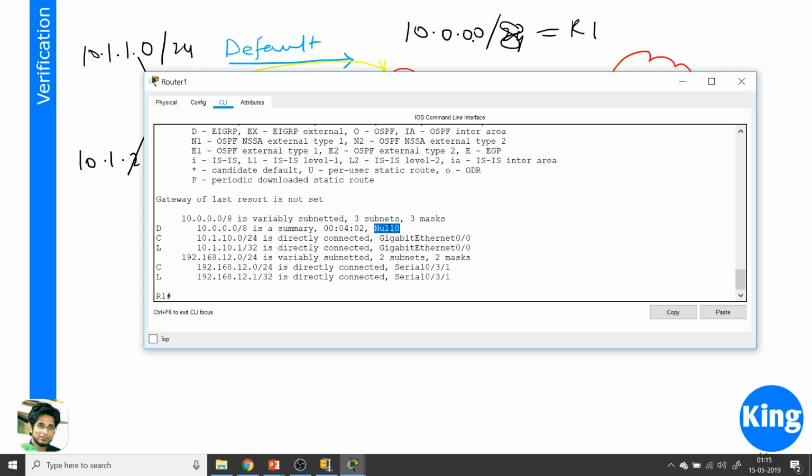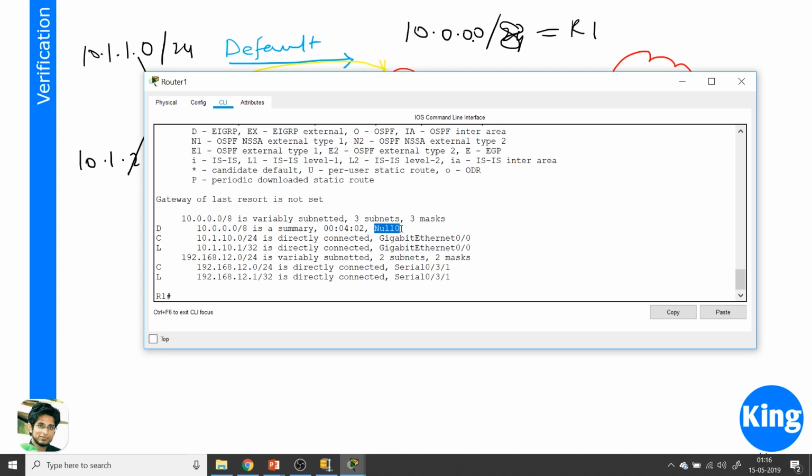Some summarization has happened. Now, because null 0 is here, I know router 1 is the one who did the summarization, because router 1 has advertised this summary route to its neighbors, and when it advertised that, it created a null 0. So you see this, it says 10.0.0.0/8 is a summary route and it is pointing to null 0.